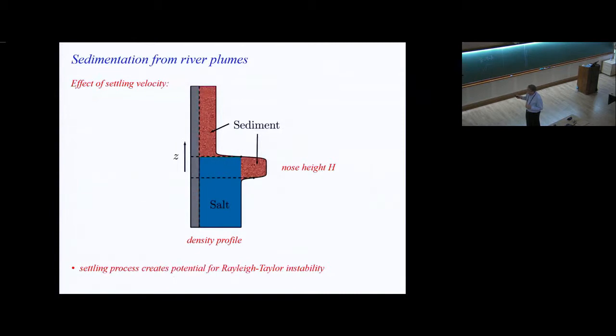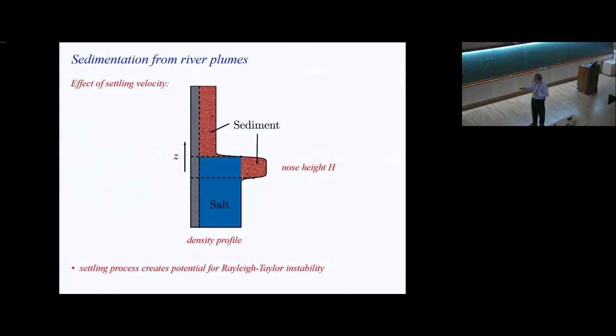So we know the sediment has associated with it a Stokes settling velocity, and as a result, right at the interface between the salt water and the fresh water, the sediment settles from the freshwater region into the saltwater region, so that now at the top of the saltwater region, we have both salinity and sediment in the fluid. And that means that now we have truly a density overhang. So we refer to this as our nose region. So we have a density overhang, higher density above lower density.